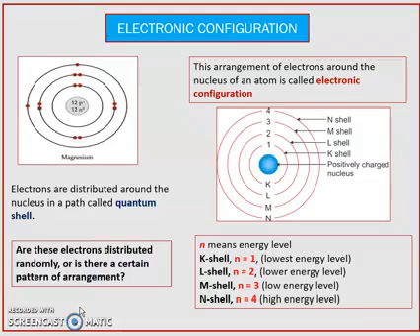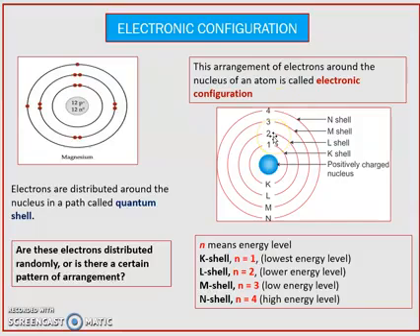Yes, there is a certain pattern of arrangement of electrons around the nucleus. This arrangement of electrons around the nucleus of an atom is what we call electronic configuration.